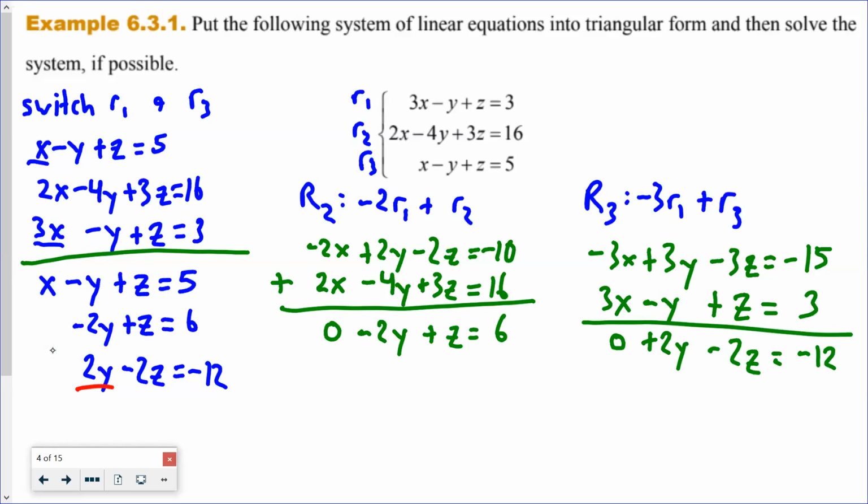So I'm going to do that right off the bat. I'm going to make a new row 3. That bottom row, I want a 0 under the y's. So to do that, I'm just going to take row 2 and add it with row 3.